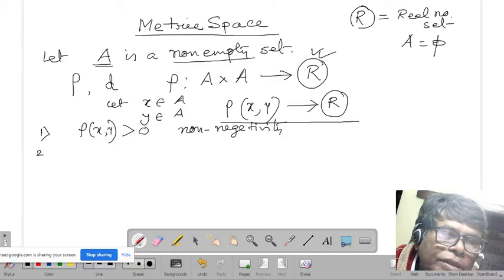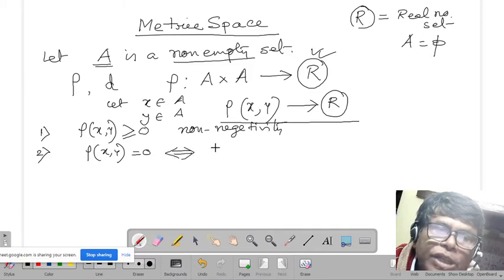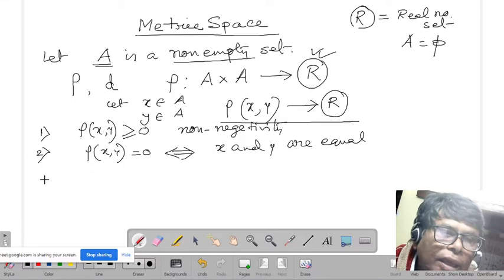Number 2 is, rho xy is equal to 0 if and only if, that means both side implications, x and y are equal. That means x is equal to y.